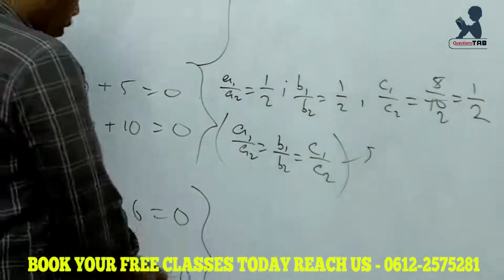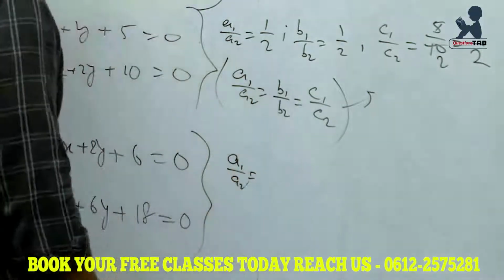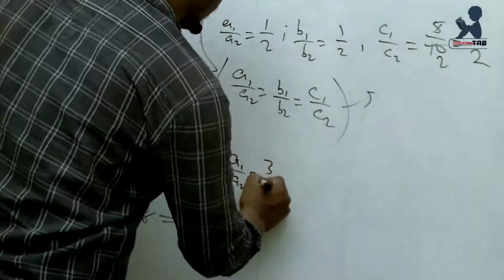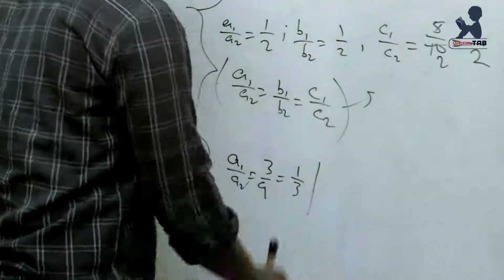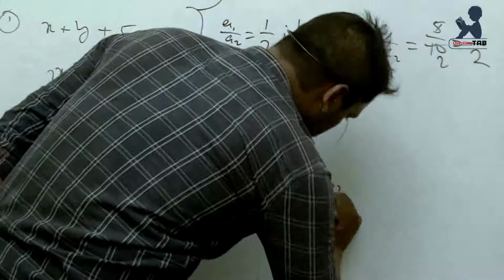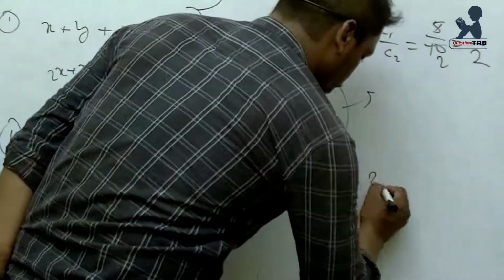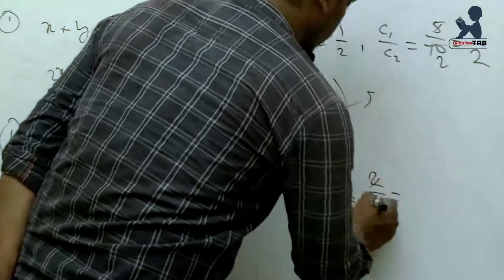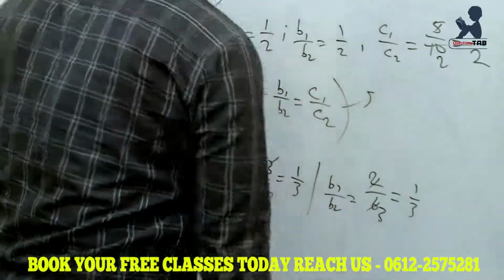Here also you check that a1 by a2 is 3 by 9, that is 1 by 3. b1 by b2 is 2 by 6, that is again 1 by 3.